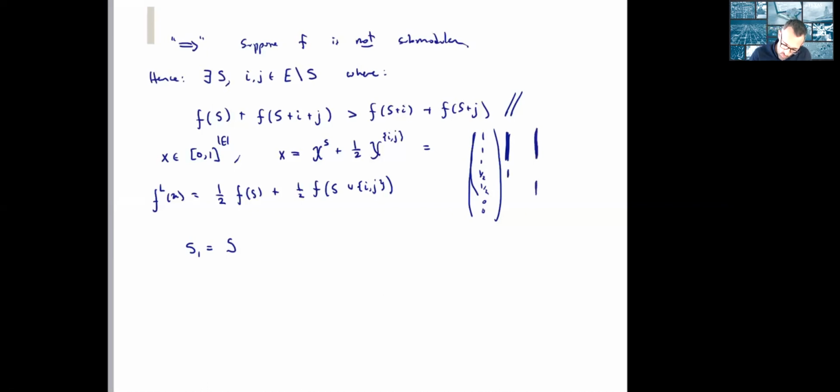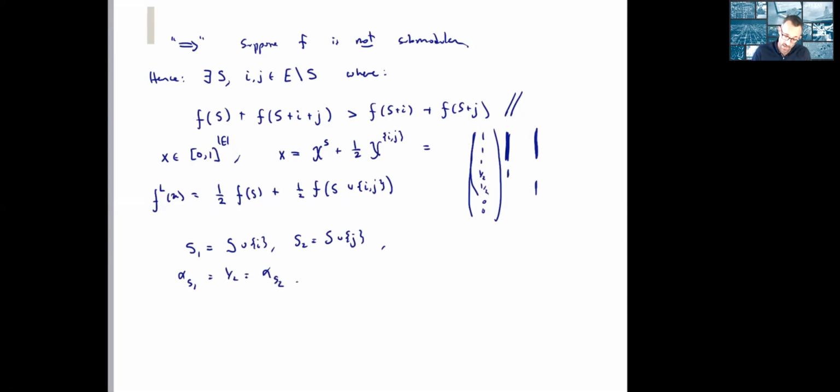So in other words, S1 is going to be S union i, and S2 is going to be S union j, and alpha S1 is going to be 1/2, and that'll be alpha S2.